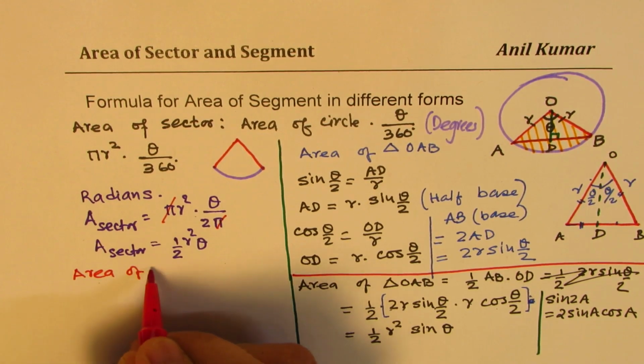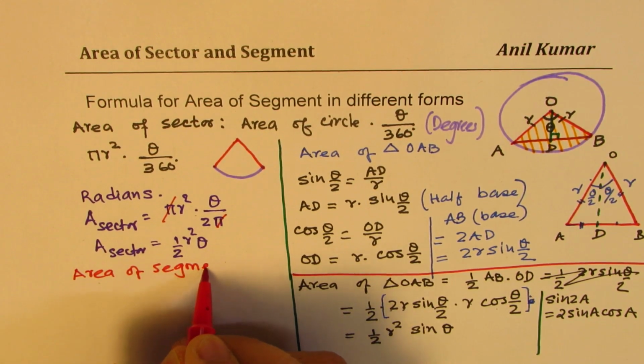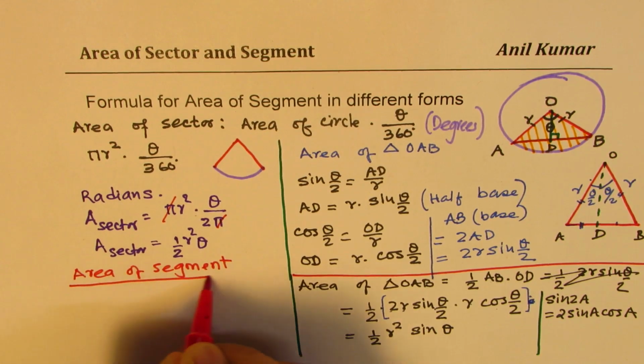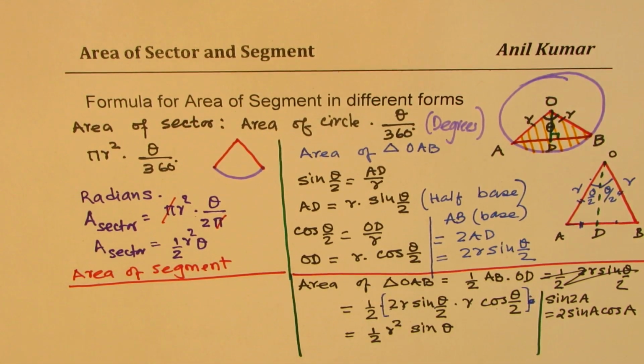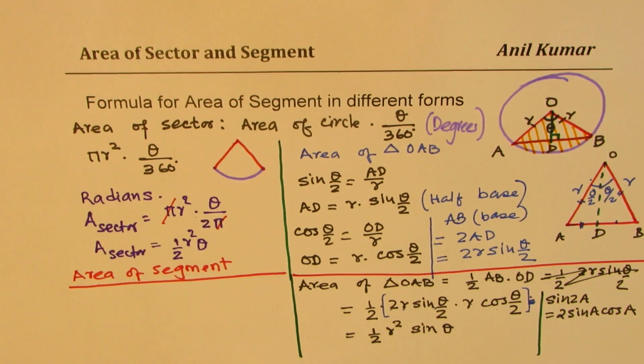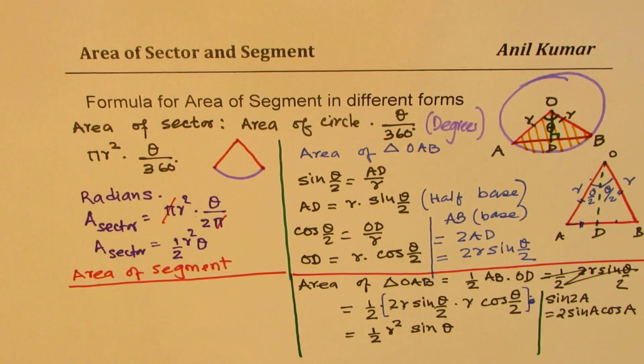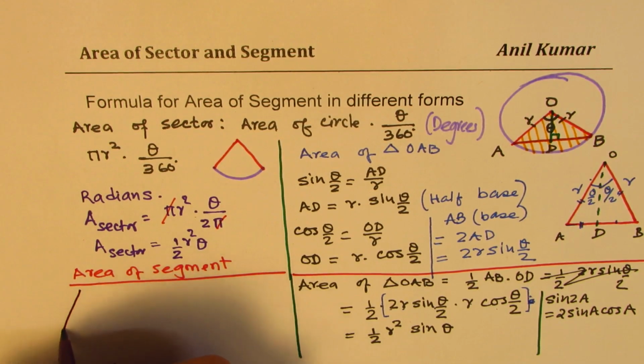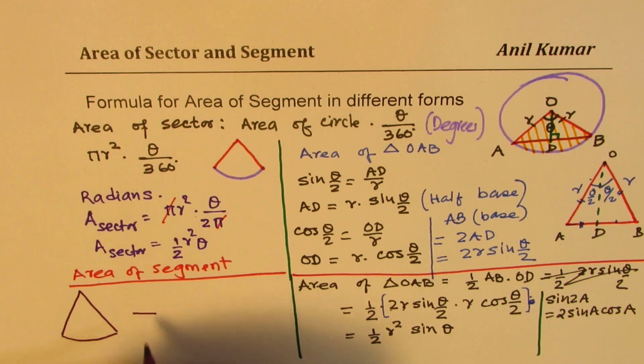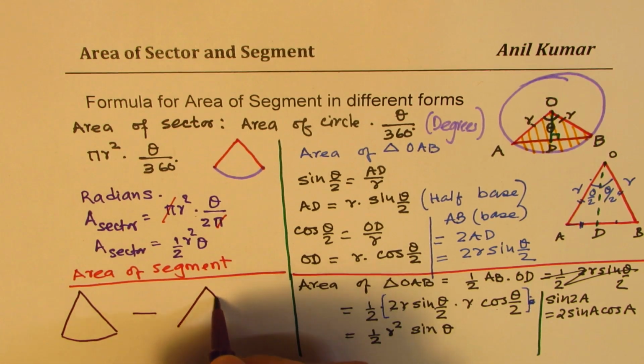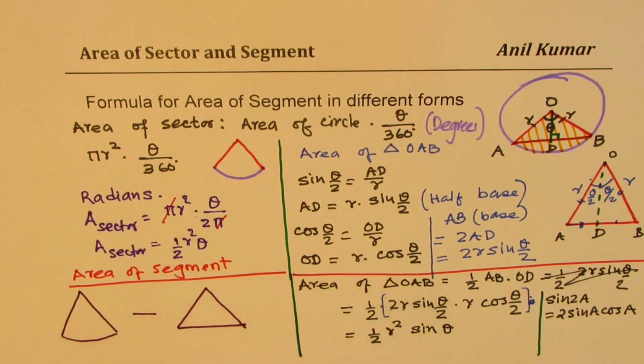So the area of the segment is definitely the area of the triangle taken away from the sector, correct? So this area is clearly the area of the sector take away the area of the triangle.